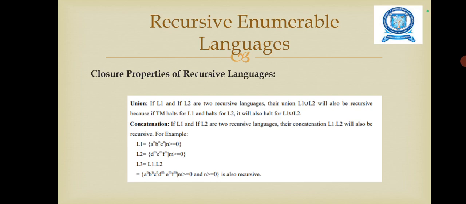Here L1 says a^n b^n c^n, that is, a number of A's followed by B's and then C's. L2 says a number of D's followed by E's and then F's. Their concatenation first matches the A's, B's, C's, and then matches the D's, E's, F's. So it can be decided by the Turing machine.